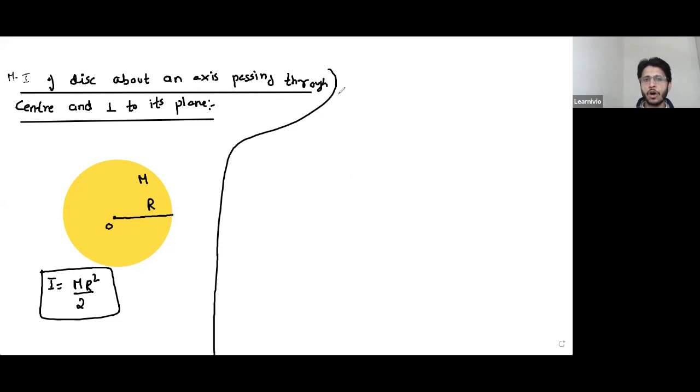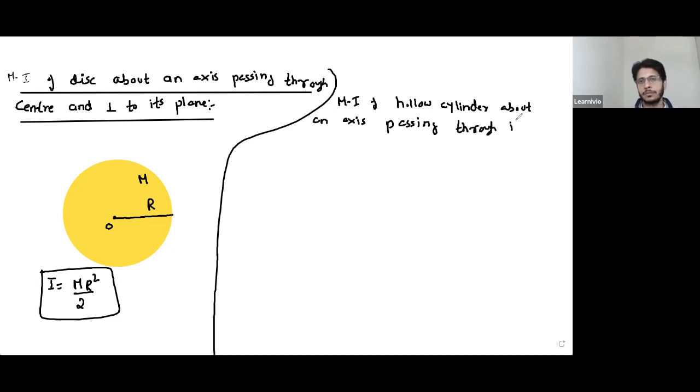Instead of disk, if you have a hollow cylinder, the moment of inertia about an axis passing through its center. So this is your cylinder.